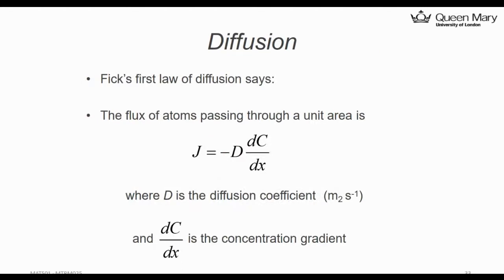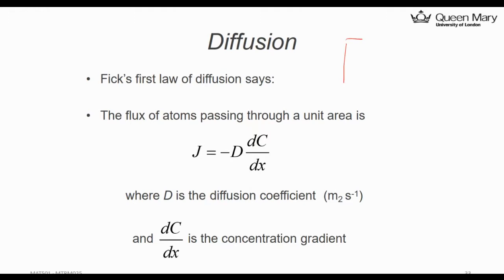So let's look at diffusion first. Fick's first law of diffusion is basically the relationship of the flux of atoms passing through a unit area.